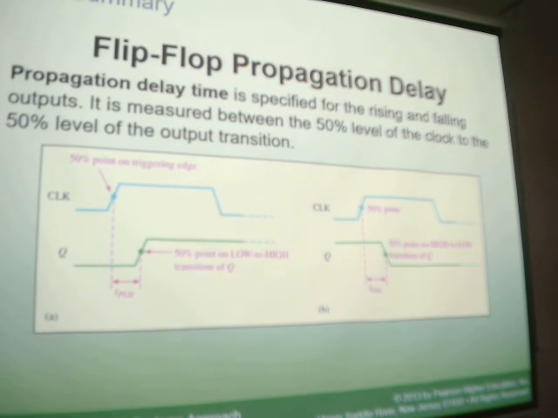Flip-flop propagation delay. Propagation delay time is specified for the rising and falling outputs. It is measured between the 50% level of the clock triggering edge and the 50% level of the output transition.